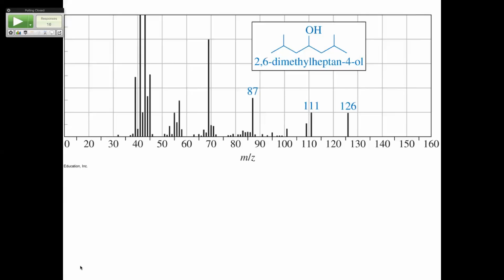I know, that's why we only worry about the bigger ones, because some of the little ones are weird. What's 87? 126 minus 87. 39. I keep thinking one of them is going to be, you lose this and it's going to be this side. Am I wrong? That's too many carbons though. 4 carbons is... What if it's just the OH with 2 carbons?